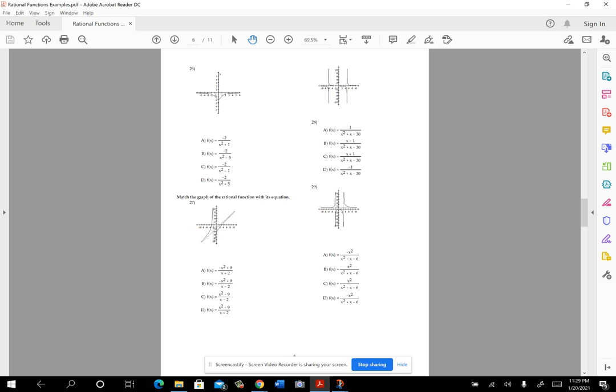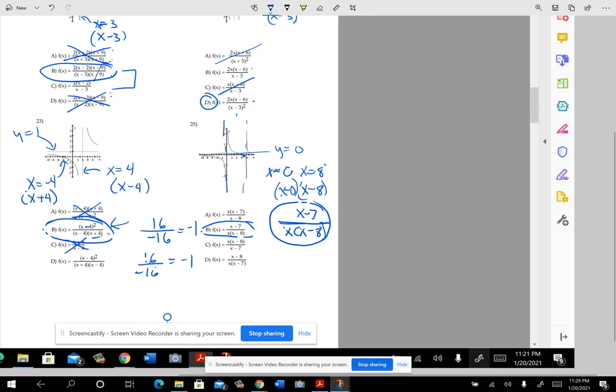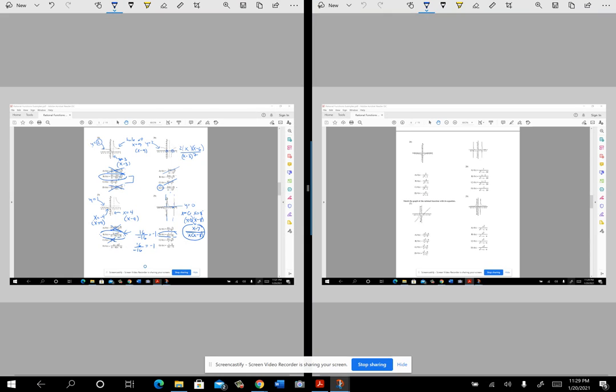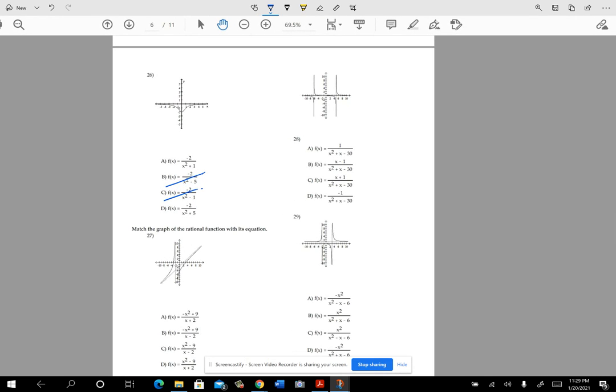All right, so on 26, I don't see any asymptote. So the denominator can't have any places where the function is undefined. Okay, so it can't be B or C because there would be places where those denominators are undefined.